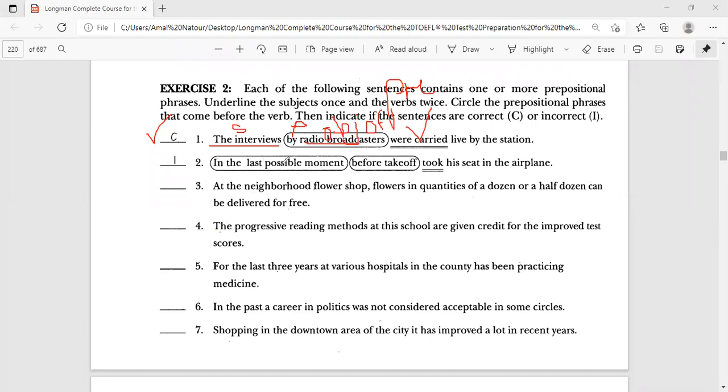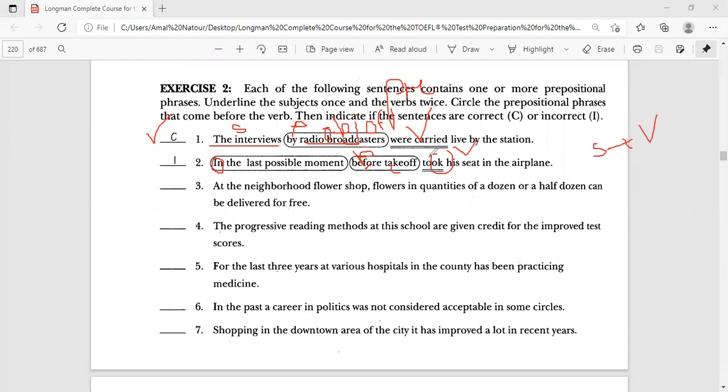In the last possible moment, in is a preposition, حرف جر. The last possible moment اللي هي the object of preposition. Before takeoff. Before is a preposition برضو حرف جر تاني preposition. Takeoff اللي هي object of preposition. Took, this is the verb. The sentence should have a subject and a verb. Where is the subject here? I have a verb without a subject.